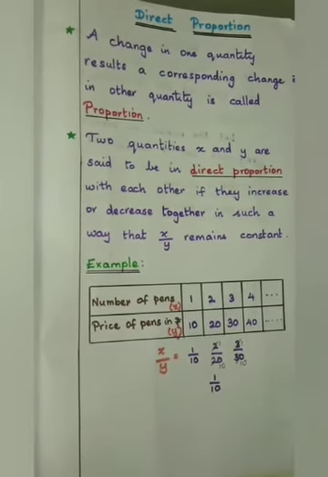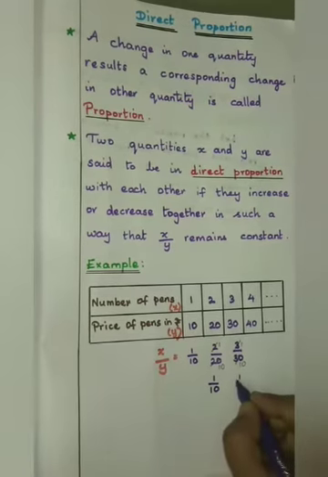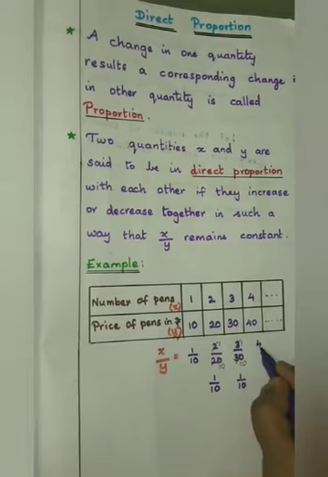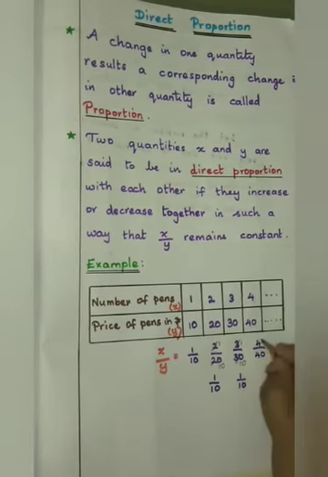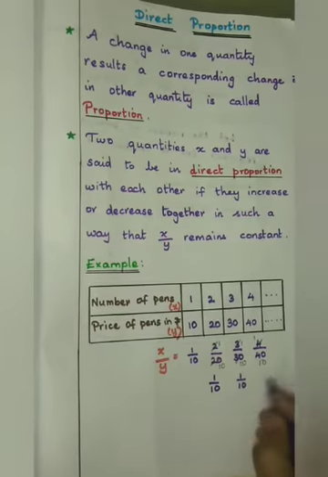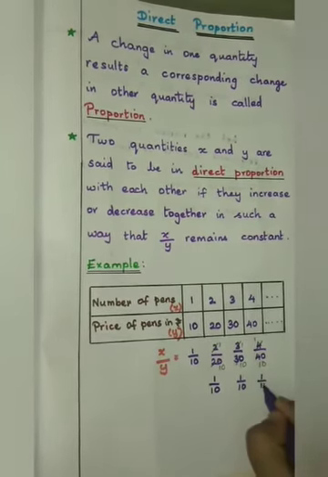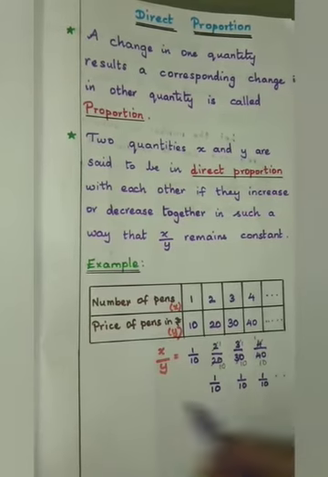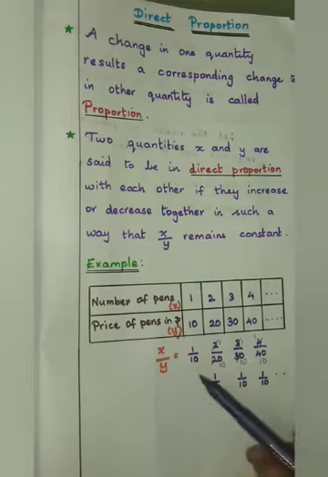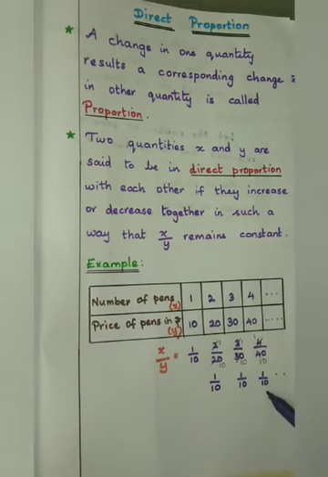Again we get 1 by 10. The fourth case we get 4 by 40, and after simplifying we get 1 by 10. And it goes on. So what do you observe? In all the cases x by y is 1 by 10, which is constant.